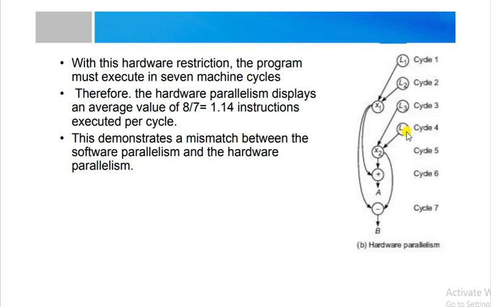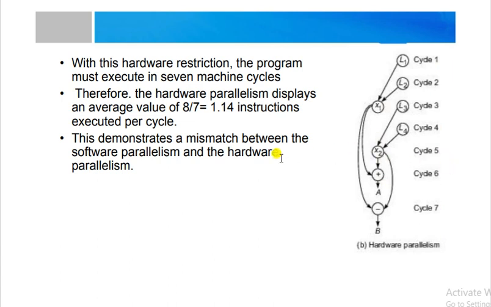And the next cycle load the fourth variable, and in the fifth cycle we multiply these 2, and in the sixth cycle add these, after multiplication the results are added with each other, and in the last cycle, cycle 7, the subtraction is possible. So for hardware parallelism we need 7 cycles.